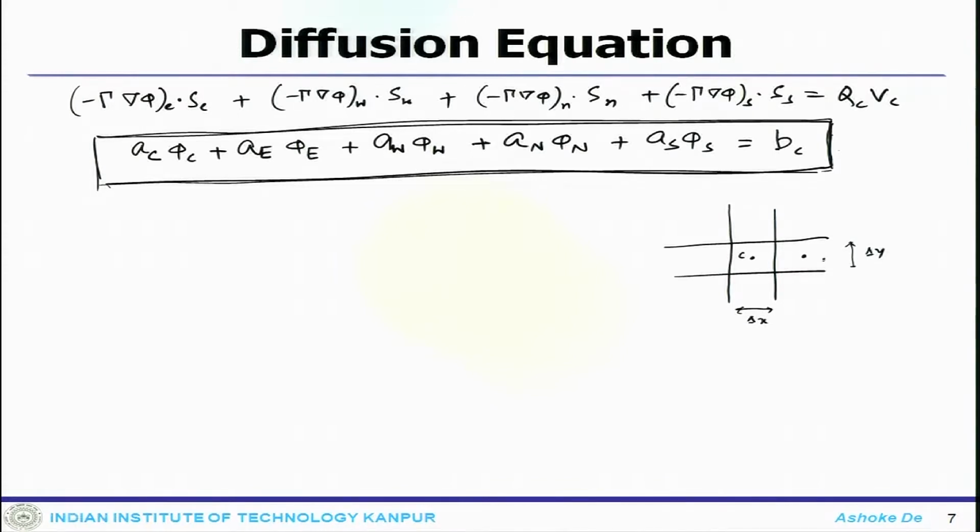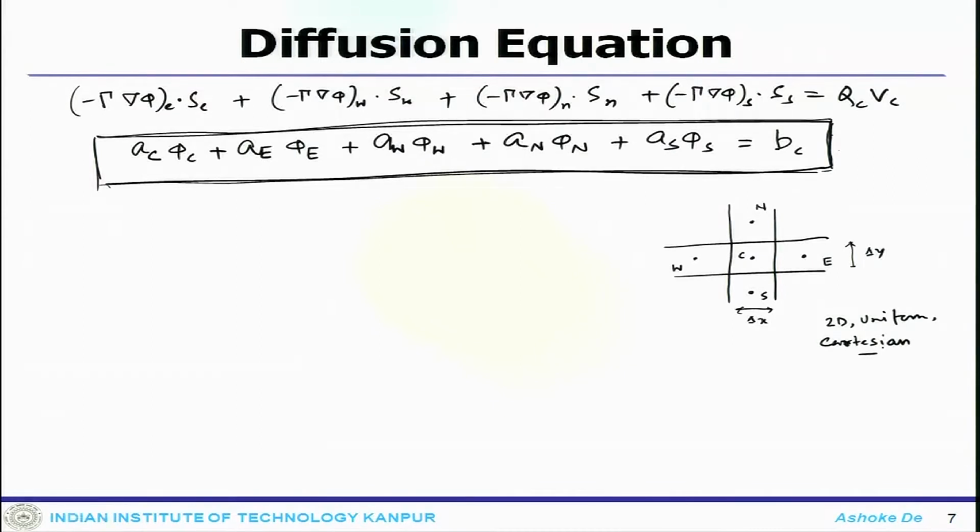Ahead of it the element is E, behind it is W, on top is north, and underneath is south. These are the surrounding elements sitting alongside that particular element, and we have these uniform distances. So, a 2D uniform Cartesian system.